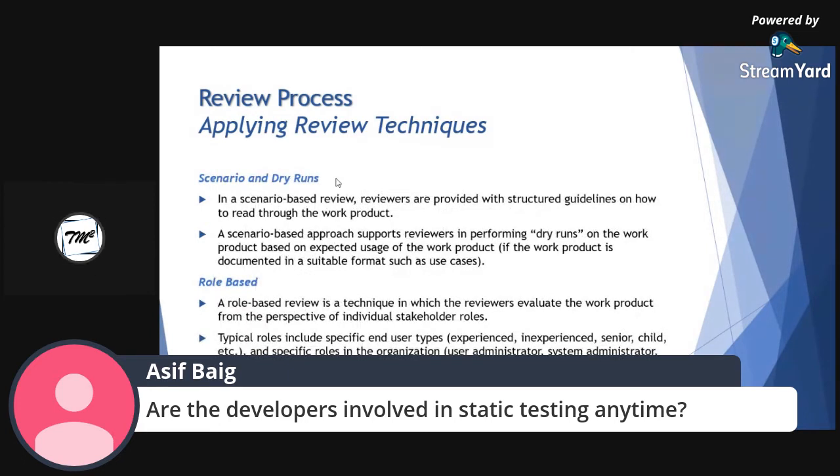Scenario and dry runs are role based. Scenario and dry runs are generally used in walkthrough, which is done without executing the code. You try to evaluate, like compiling the code or evaluating the code. We call it dry runs. Whereas role based is specific, like technical reviews, where individual contributors will be invited to see the same thing and then give the outputs.